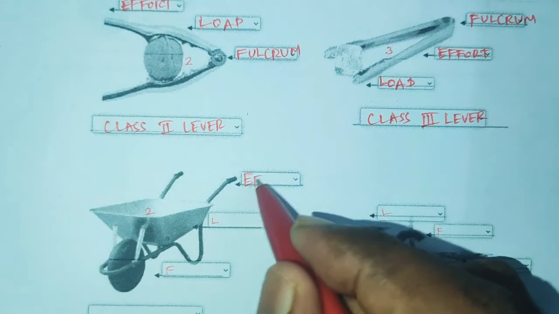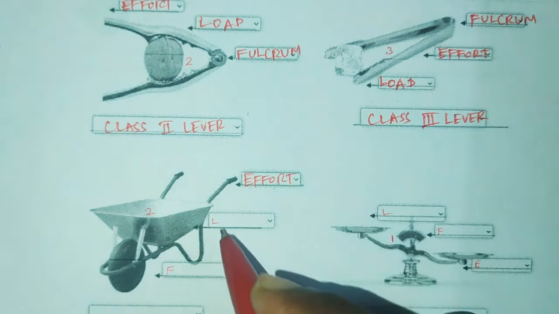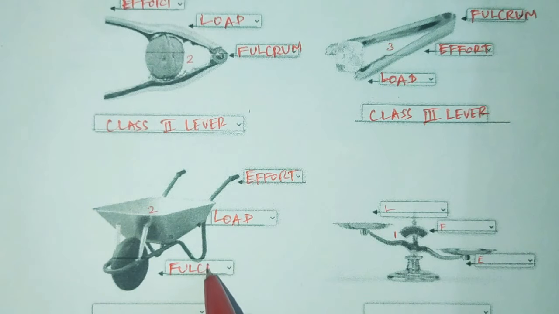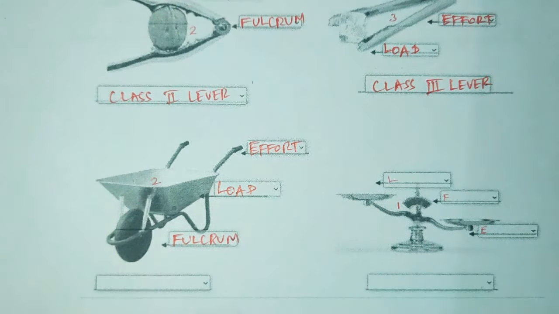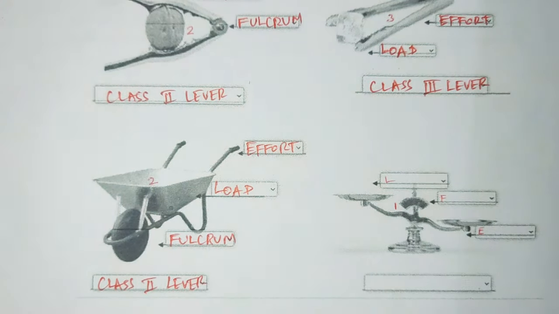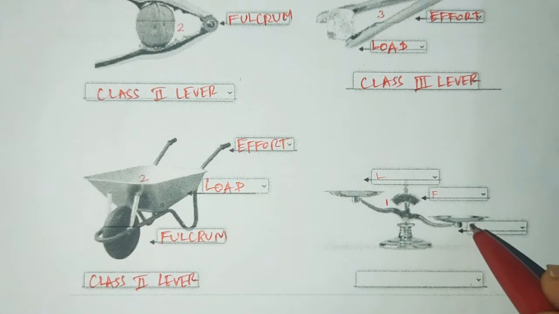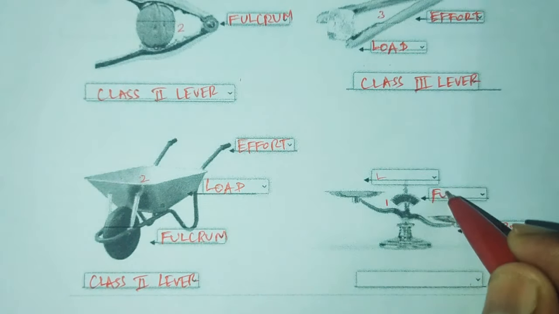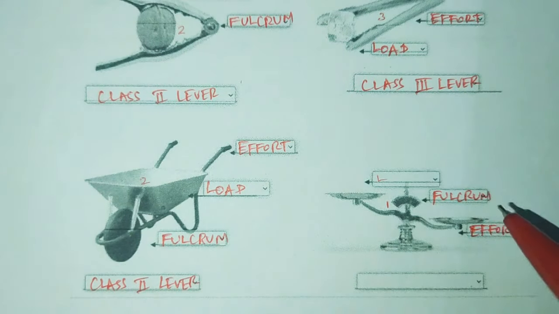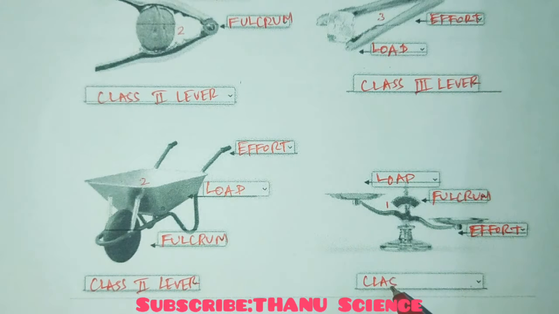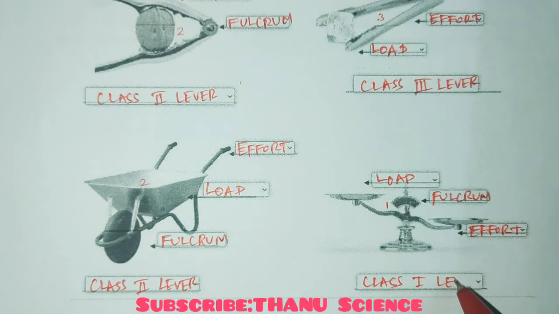This point is effort, this point is load, this point is fulcrum. This is class second type lever. Next, common balance. This point is effort, this point is fulcrum, this point is load. This is class first type lever.